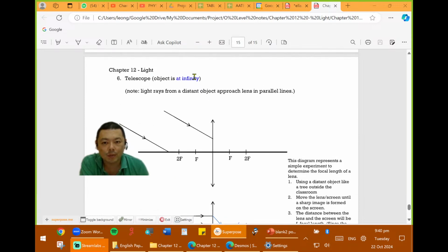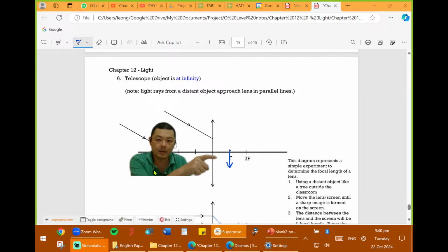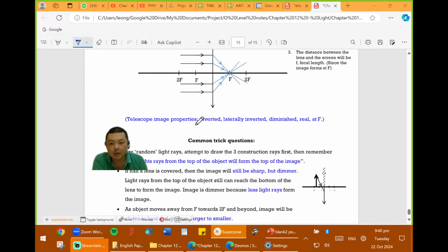So for a telescope, the object is at infinity. If you had drawn all the diagrams when I showed you, you would have formed an image here, like this. Then I would have told you that the telescope image property is inverted, real, at f.